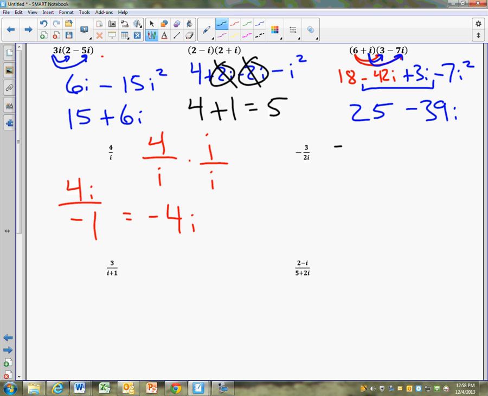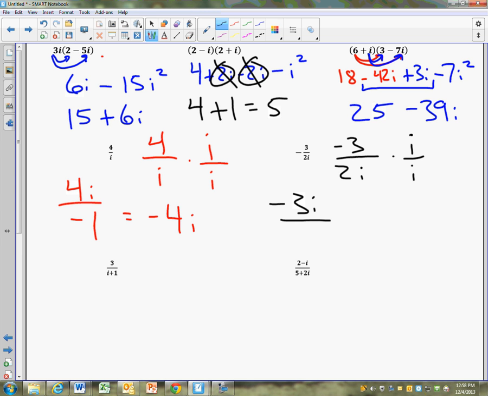Negative 3 over 2i. Same thing. We're going to multiply the top by I and the bottom by I. What do you get on the top? Negative 3i. Don't need to do the 2.